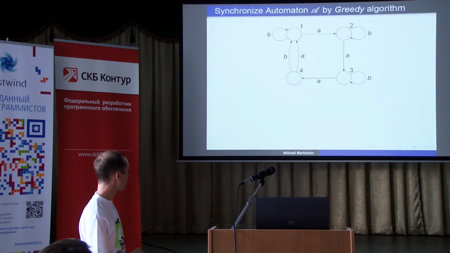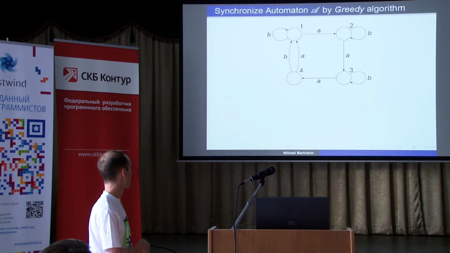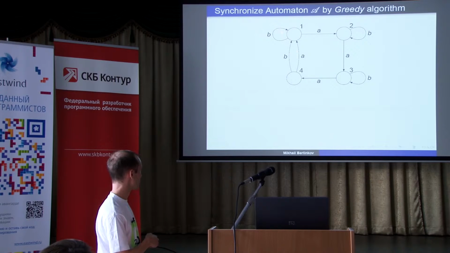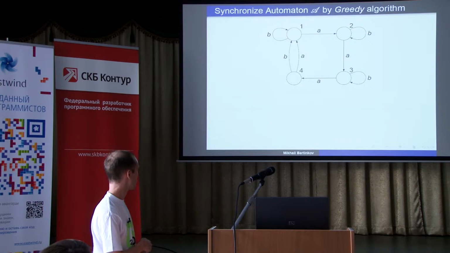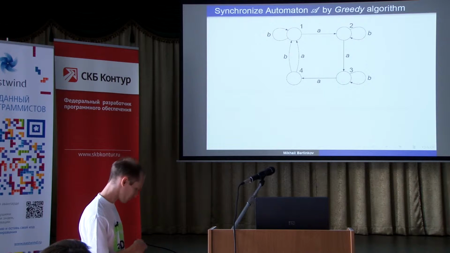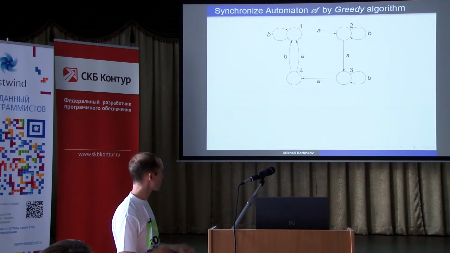This is a four-state automaton with two letters A and B. Letter A only permutes states by a long cycle, and letter B leaves all states in their places, except state 4, which it moves into state 1. And what does the greedy algorithm mean?